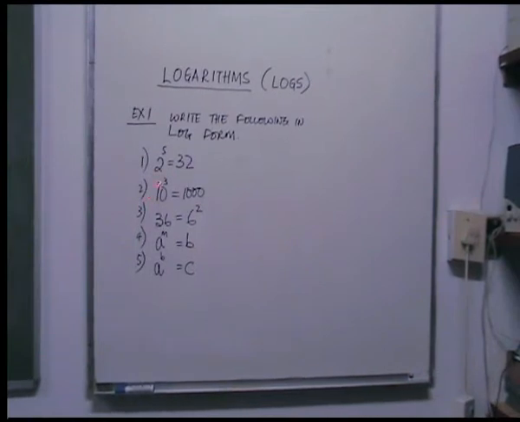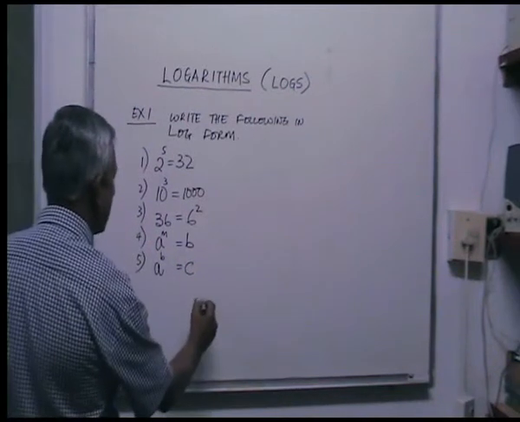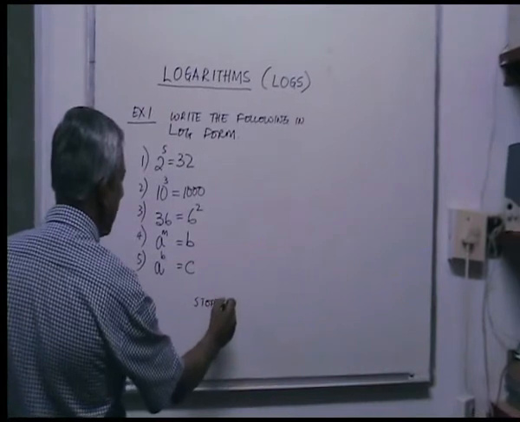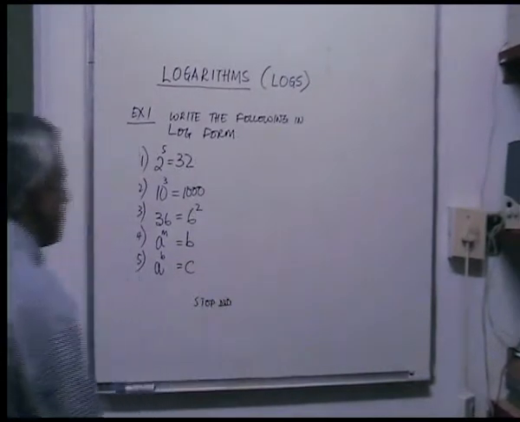Number 2, 10 cubed is equal to 1000. 3, 36 is equal to 6 squared. 4, a to the m is equal to b. 5, a to the b is equal to c. Now what you must do, stop the DVD and try these examples and return to us to mark it.